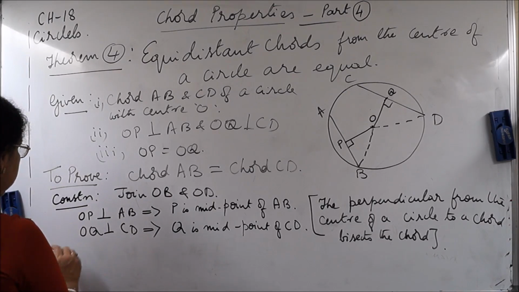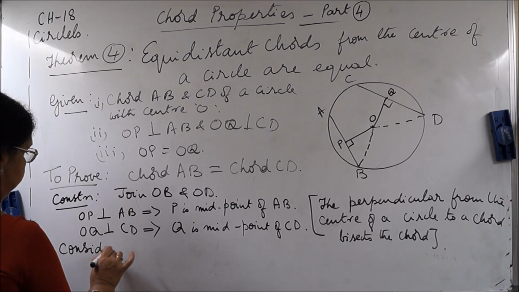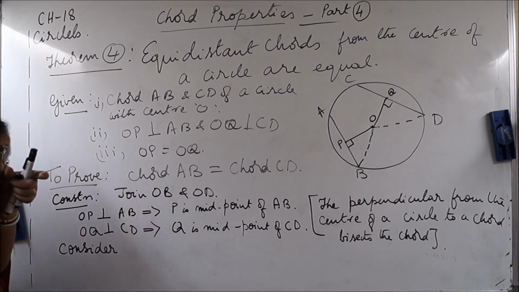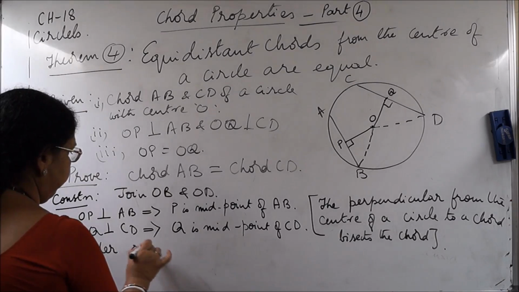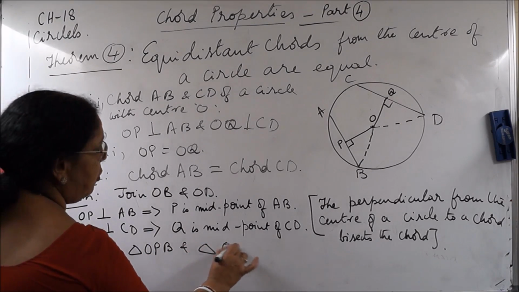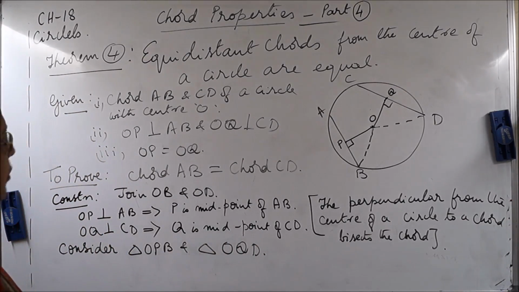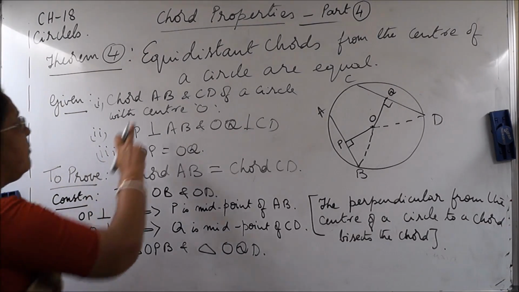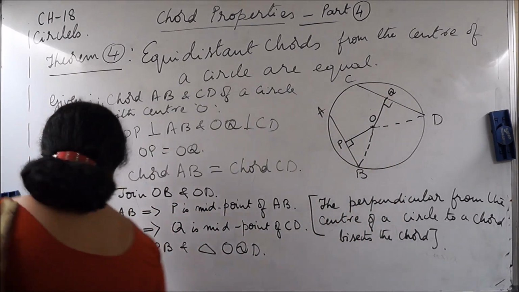Which two triangles do we have to consider? Consider triangle OPB and triangle OQD.